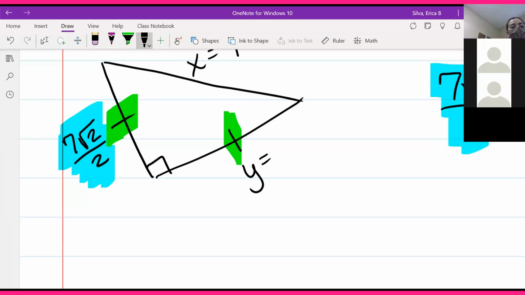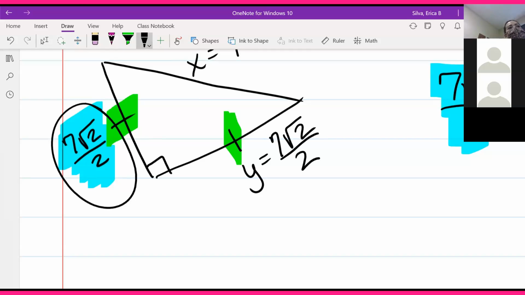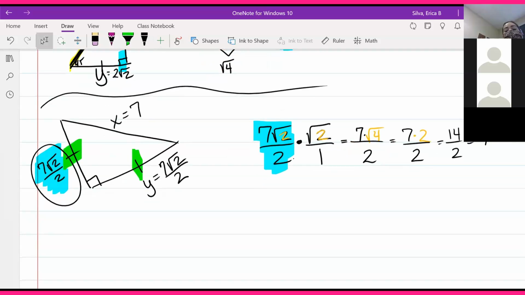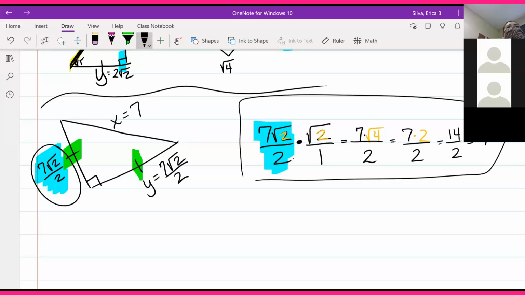So this y is going to be exactly the way it is, which is 7 square root of 2 over 2. Now, if you can see a pattern between that and your hypotenuse, it'll make your life easier. If not, that's okay, because you have this that you can do. Go ahead and go to your Pear Deck so you can do the next one.